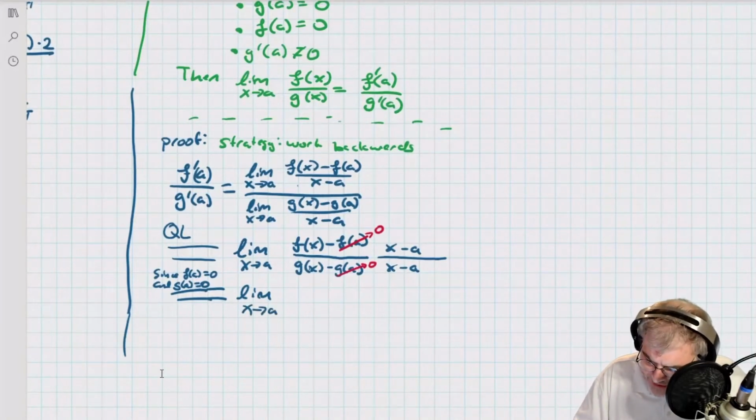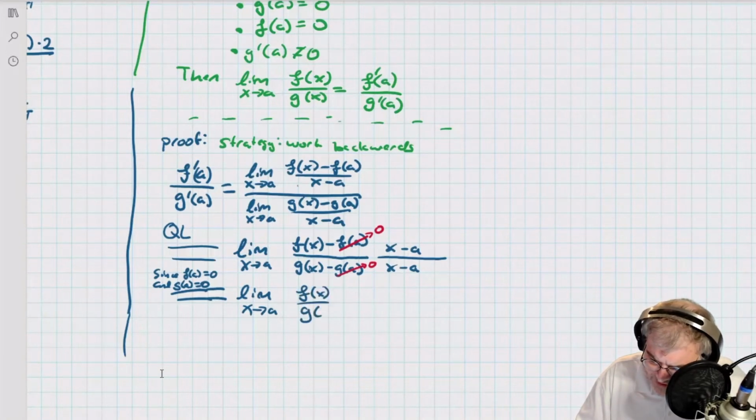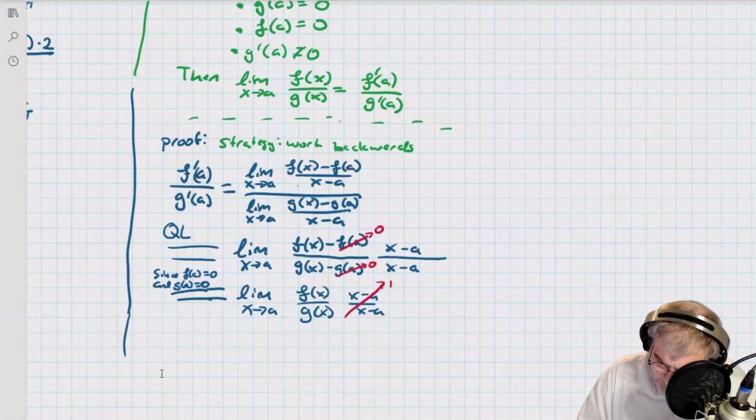So now I've got x here. This was 0 and that was 0. So I wind up with f of x over g of x, and these two things cancel. That thing becomes 1, and I'm left with what I wanted.